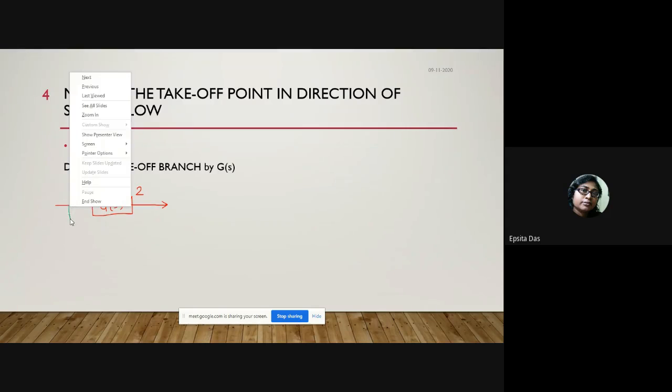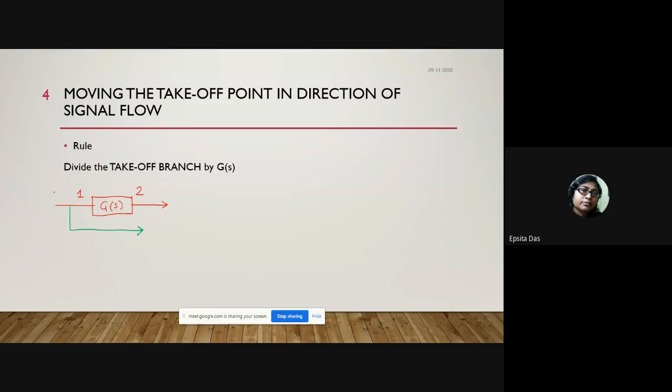If I get a takeoff point here, suppose my input is X(s) and the output is Y(s). And this is the takeoff point. Now, if this signal is here, what is the signal I am getting here? Can anyone tell me? What I will get, X. Yes, very good. So this will be X(s) here.